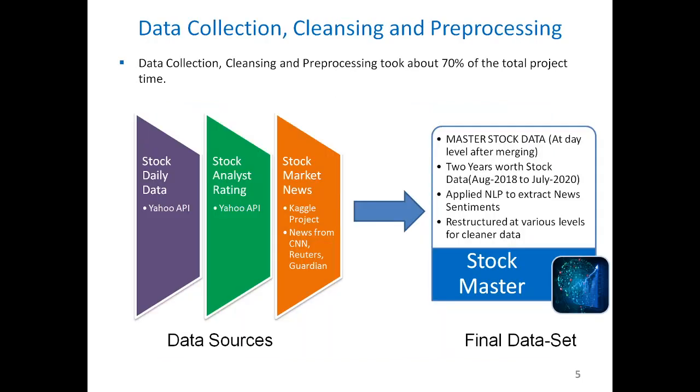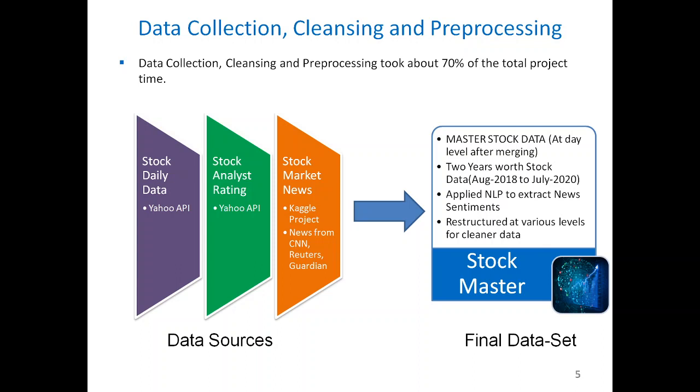So data collection, cleansing, and pre-processing. What did I do here? I've spent most of my time understanding where to get the data. I had a lot of options and I was confused. We have abundant financial portals or gateways where you can access the daily stock data, which are pretty flexible.